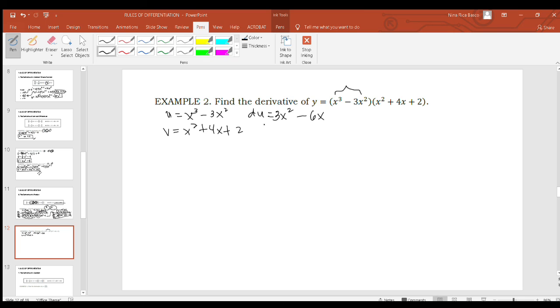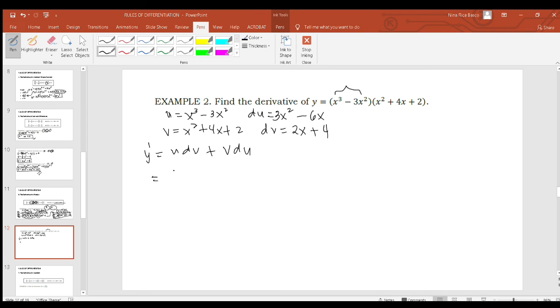Let's also find the derivative of v so we can just substitute later. So dv is 2x plus 4 plus 0. That's gone, because it is a constant. Okay? Let's apply the product rule. So y prime is equal to u dv plus v du.